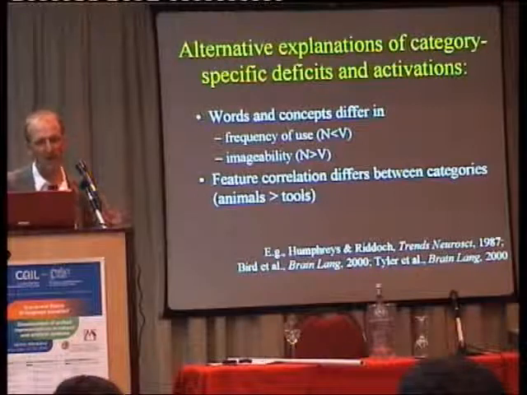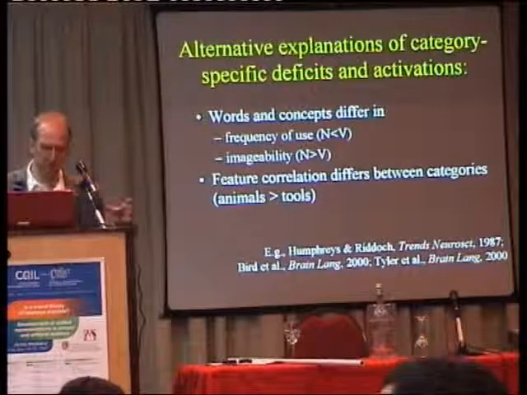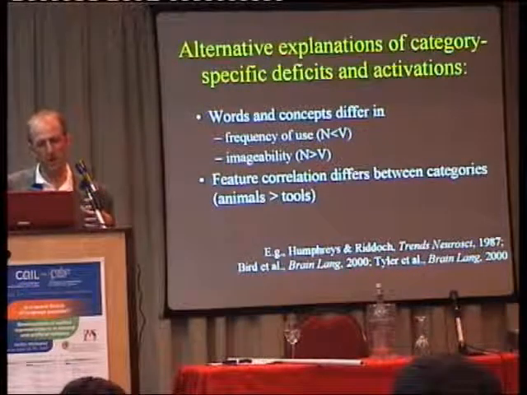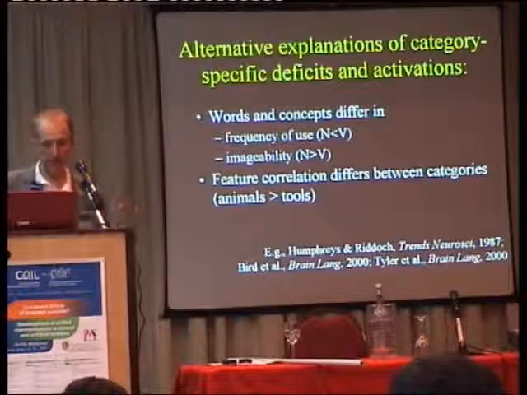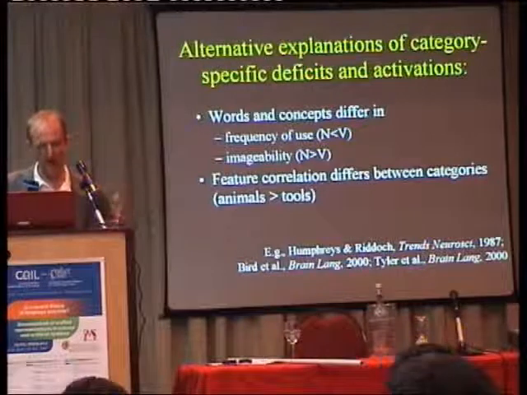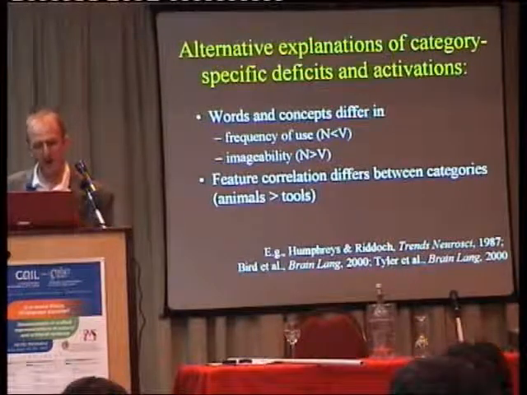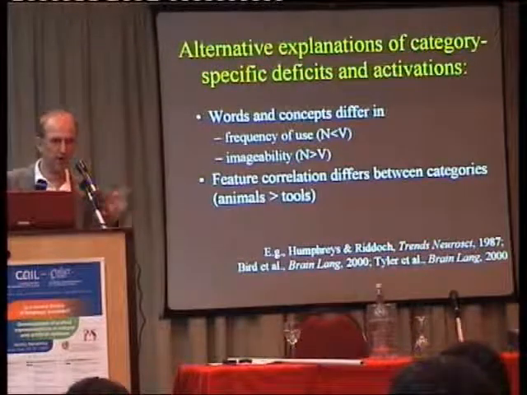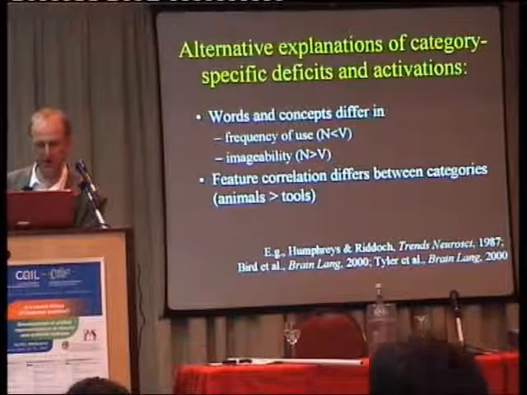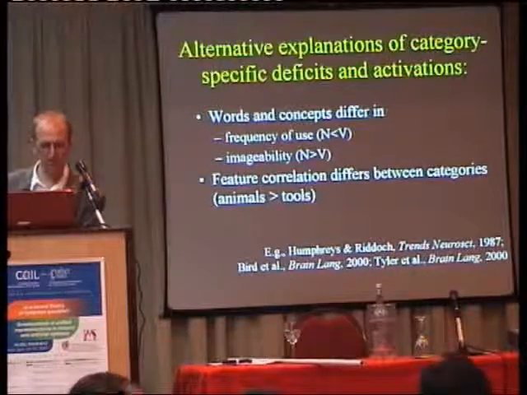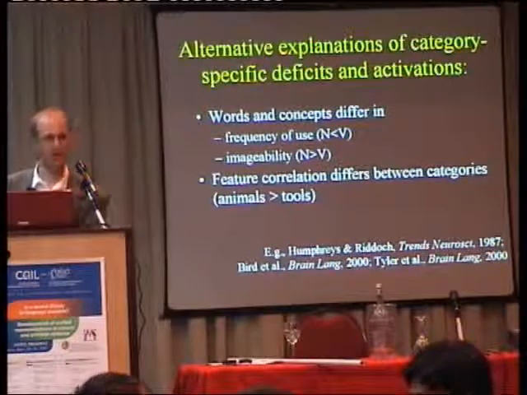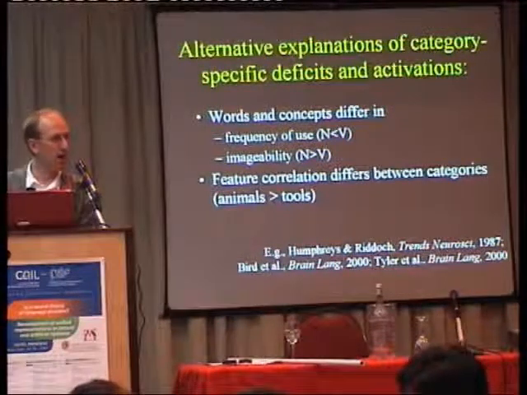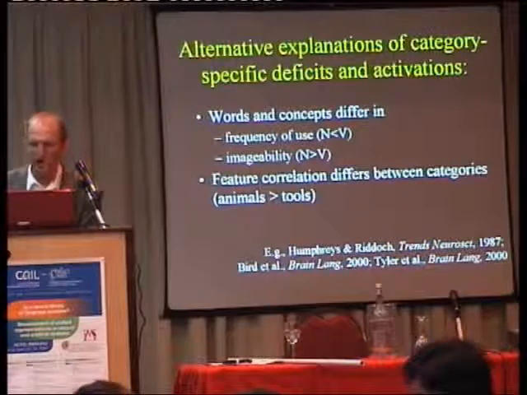For example, animals seem to be much more similar to each other than tools. Tools seem to vary on a lot of scales. They have very different visual features. Animals look very similar. Typical animals all have noses, eyes, and 4 legs, and so on. And this feature correlation of the conceptual structure, also perceptual structure, might be a confound here.